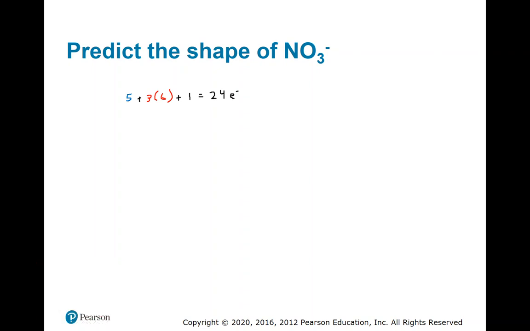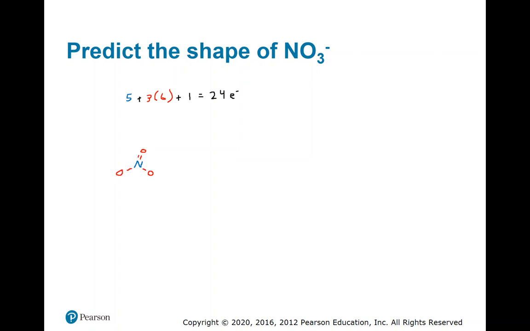Now, this example is slightly interesting because we're actually going to have 3 different resonance forms. And since we're going to have 3 resonance forms, I'll go ahead and show you what you should end up with. So we have a nitrogen in the middle and 3 oxygens. And to complete the octet of the nitrogen, you will end up needing to use a lone pair on one of these oxygens to form a double bond.